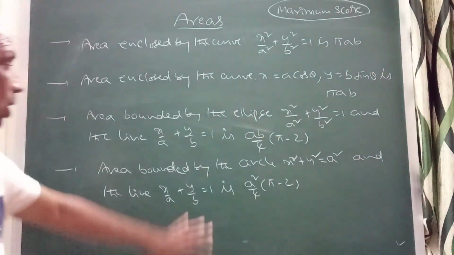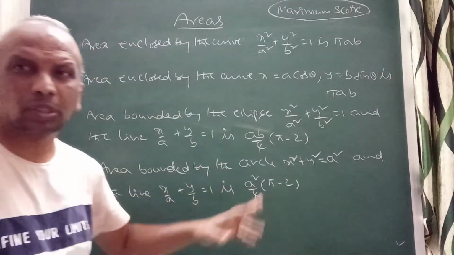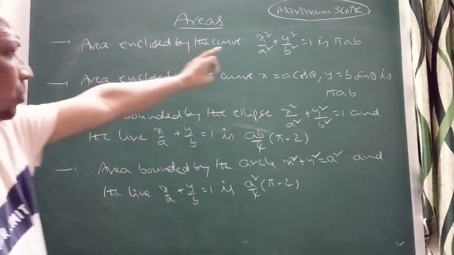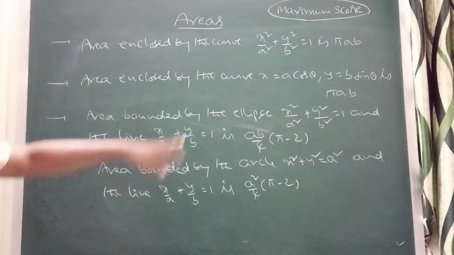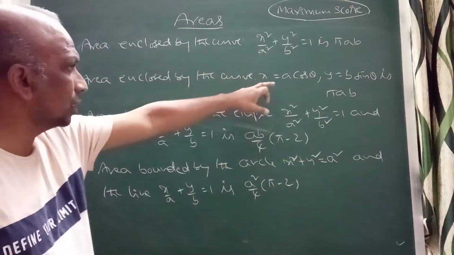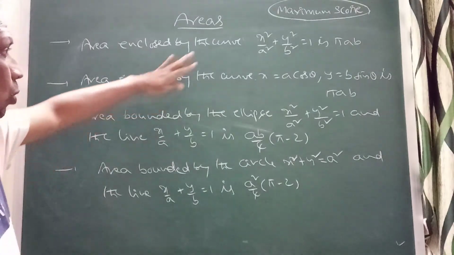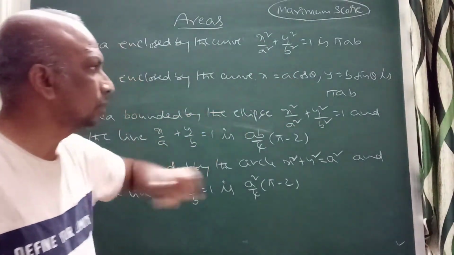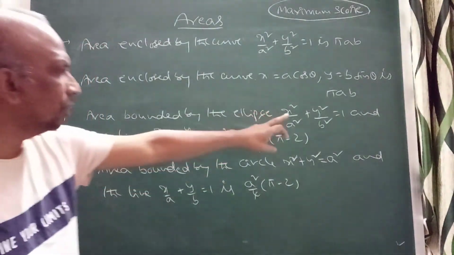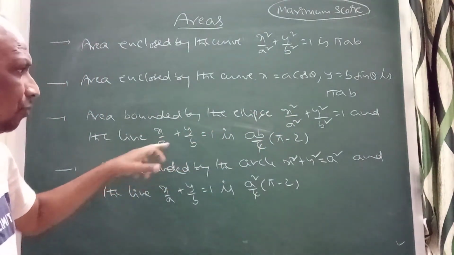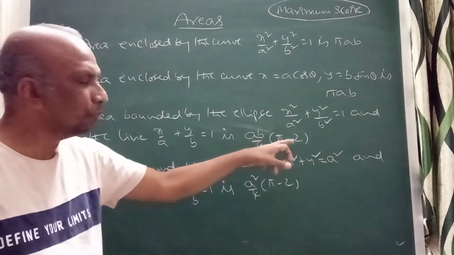Now check this one. These are the 4 important points that are related to ellipse and one more in circle. The given ellipse area we know is pi a b, that we discussed in the previous class. Even the parametric equations of the ellipse are x equal to a cos theta, y equal to b sin theta. Then area enclosed by this curve will be pi a b square units. If they give an ellipse and a line, and it cuts, then the area bounded by these two is ab by 4, pi minus 2.